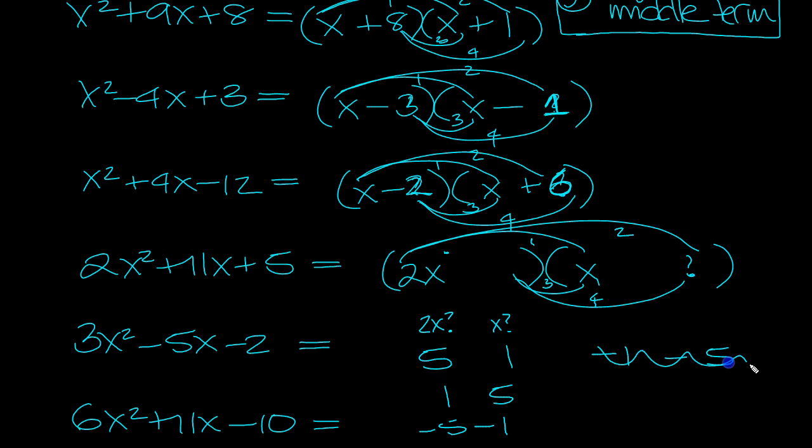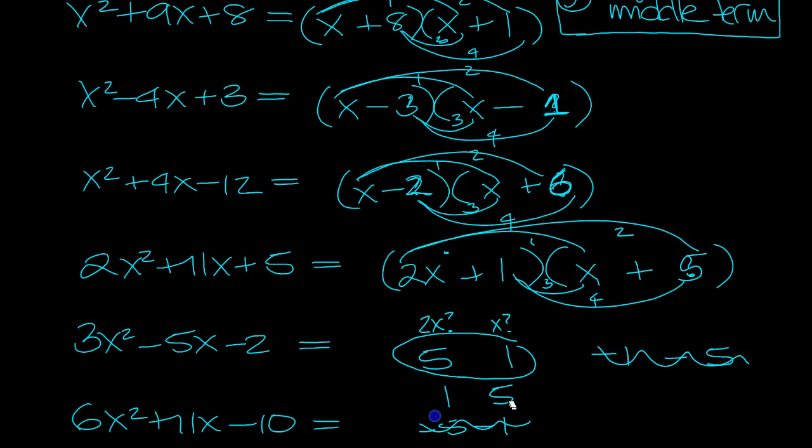So it's not going to be the negative ones. 2 of these and 1 of those. It has to be that, doesn't it? So 2 of these, that's where the 5 needs to go, on that side. And the plus 1 can go here. Let's check we got it right. 2x squared. 10 plus 1 is 11x's. And then plus 5. So that's good.